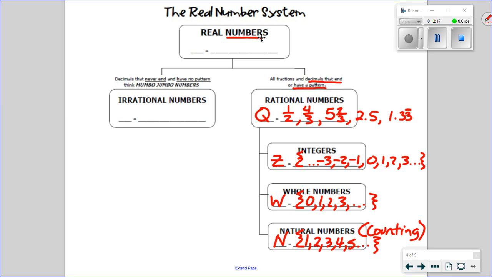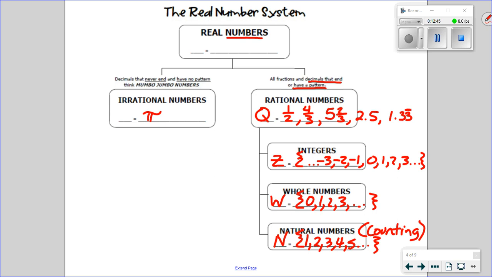So I usually say irrational numbers are decimals that never end and never repeat. So what are we talking about here? Well, one irrational number that you're probably very familiar with is pi. We talk very often about the fact that pi is approximately 3.14, but it actually is a decimal that never ends and never repeats.